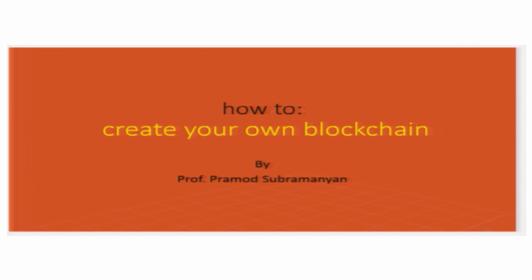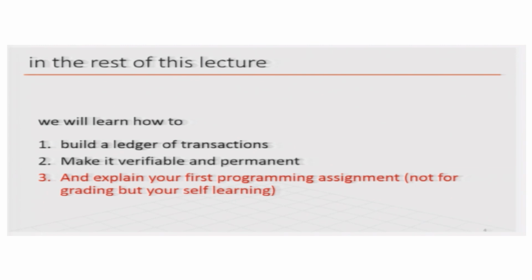So, the question is how to create your own blockchain. What we will do in this lecture is build a ledger of transactions. Once you build a ledger of transactions, you have to make sure that I, or anyone, can verify that the transactions are valid, and therefore the blockchain has everything valid.